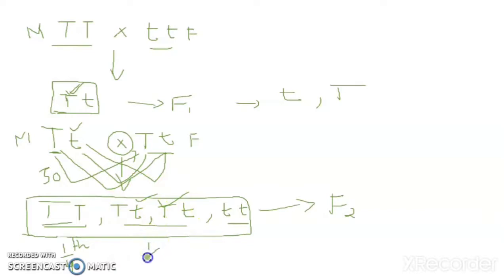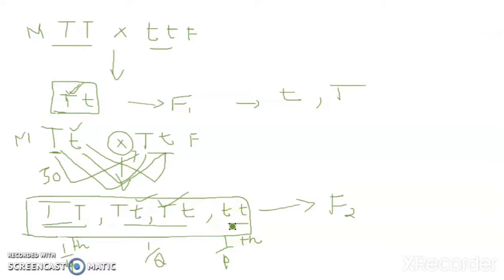And the last 1/4 will have small t small t. So there will be 1/4 of capital T capital T, 1/2 of capital T small t, and 1/4 of small t small t.